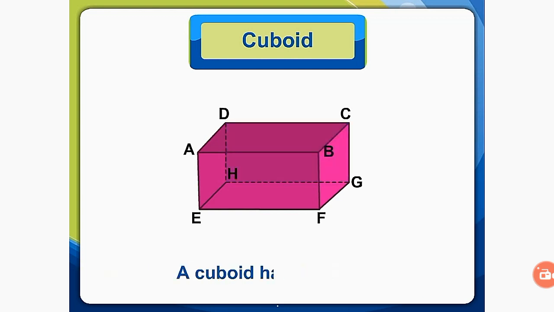And a cuboid has 12 edges. Edges are nothing but the line segments which join the vertices.